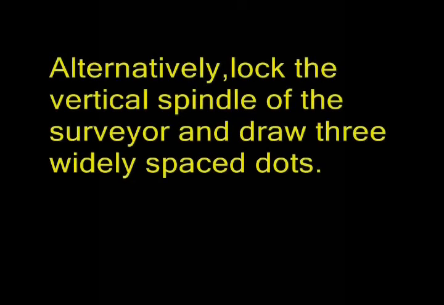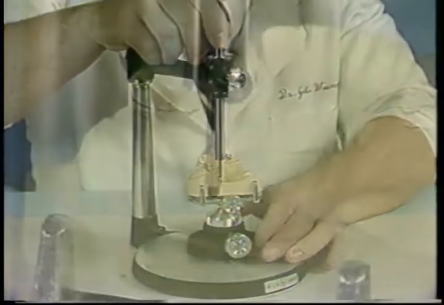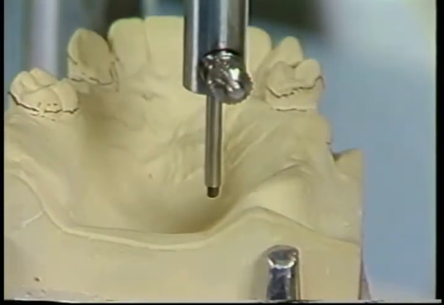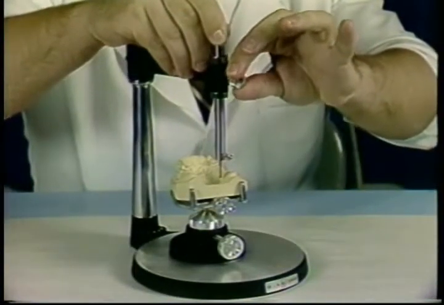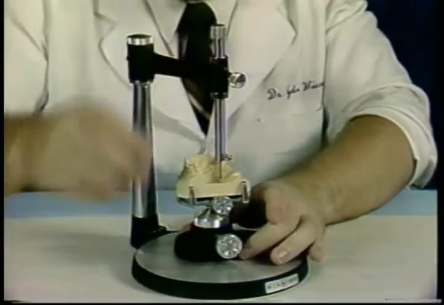Alternatively, lock the vertical spindle of the surveyor and draw 3 widely spaced dots on the inner surface of the cast as shown in the illustration. This method requires that the vertical spindle be locked.